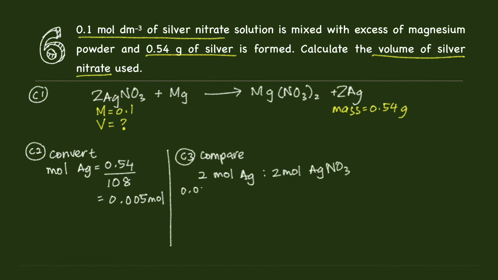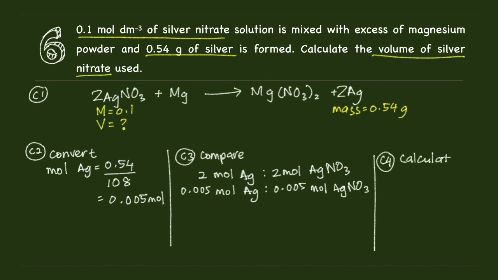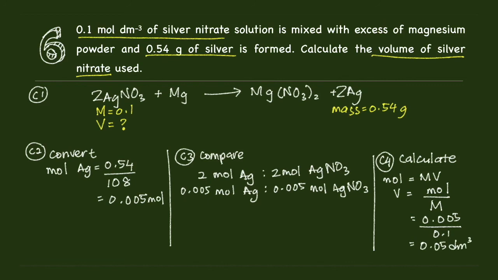Based on calculation, 0.005 mole of silver ratio to 0.005 mole of silver nitrate. C4 is calculate. We are using the formula mole equal to molarity times volume. To find volume of silver nitrate equal to mole over molarity equal to 0.005 over 0.1, and the answer is 0.05 decimeter cube.